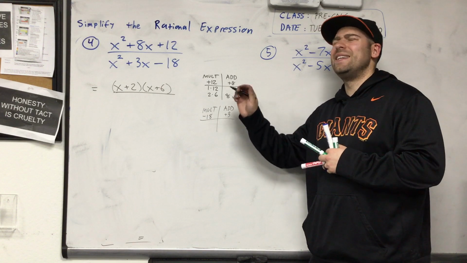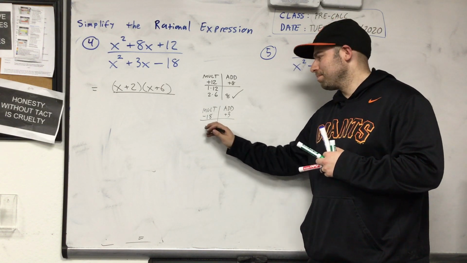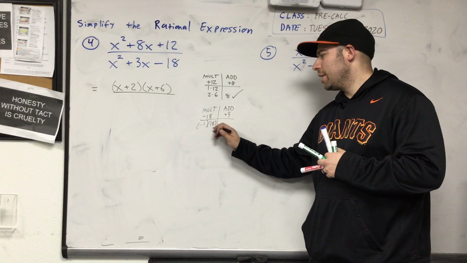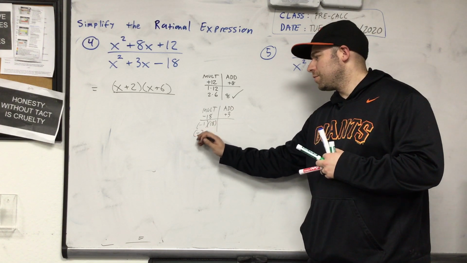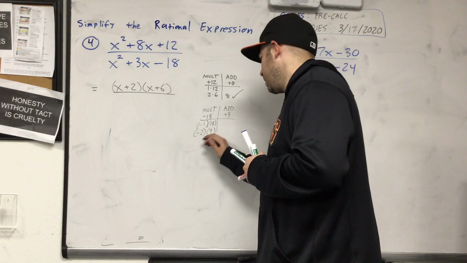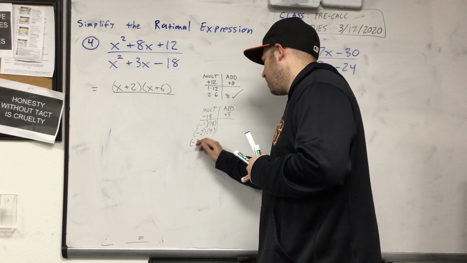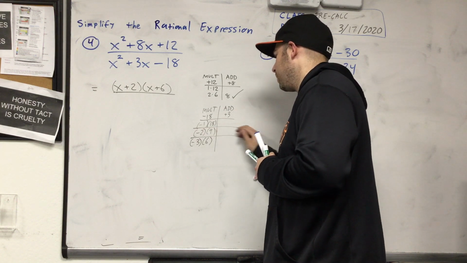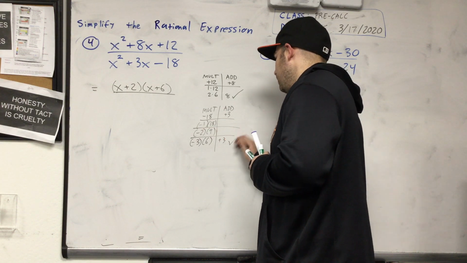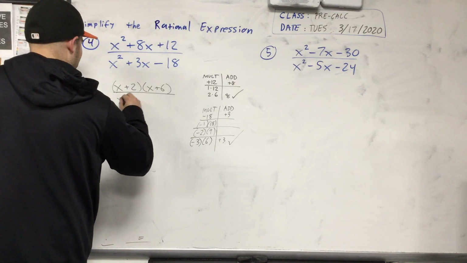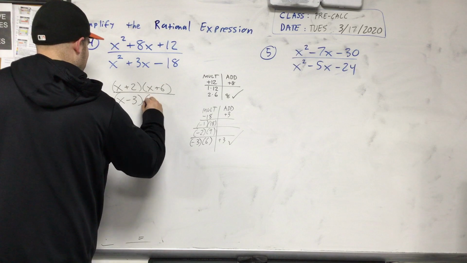No, the other way around. Negative 1 and positive 18, that doesn't work. Negative 2, positive 9, that doesn't work. Negative 3, positive 6, we have a winner. So the bottom becomes x minus 3 times x plus 6.